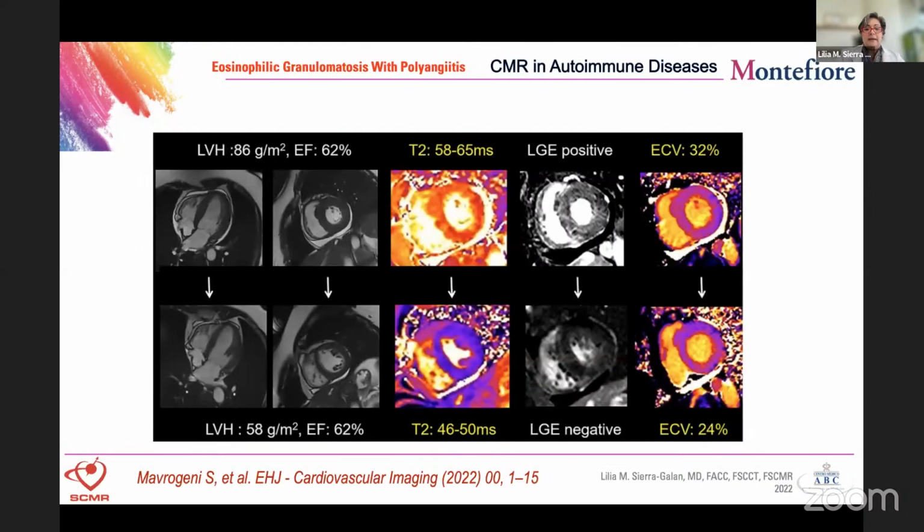So a nice example is like this one, which has left ventricular hypertrophy, and the left ventricular function is normal. The T2 mapping is higher, in the range of 60 to 65 milliseconds. LGE is positive, with a diffuse and very confusing pattern.